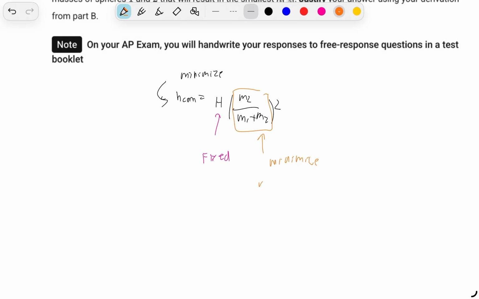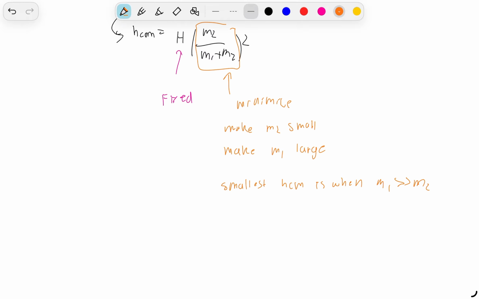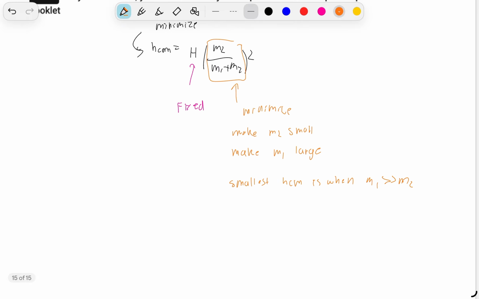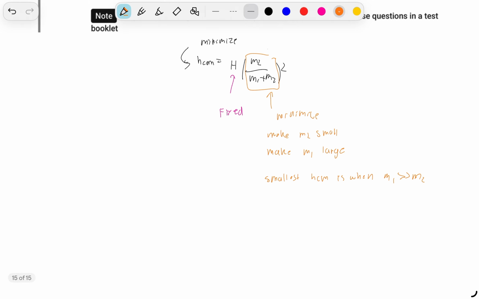So that means we have to make m2 small, and then we want to make m1 large. So that means that the smallest h center of mass is going to be when we have our m1 much greater than our m2, because if m2 is really small and we divide by an increasingly large number, that is going to make the overall fraction smaller.